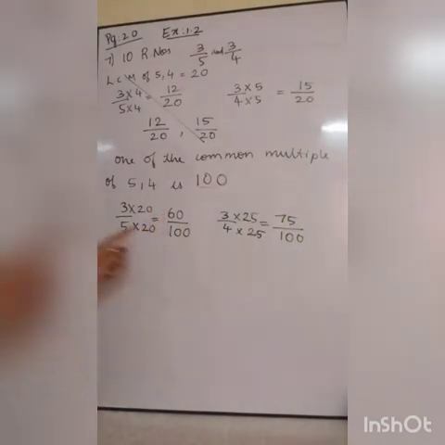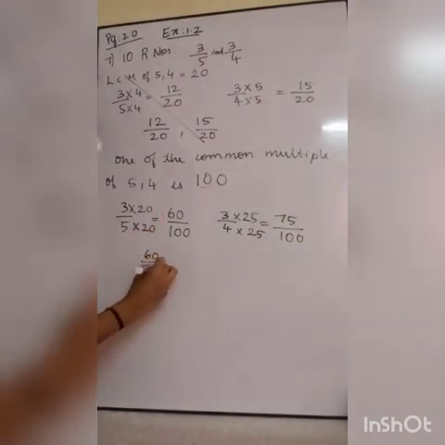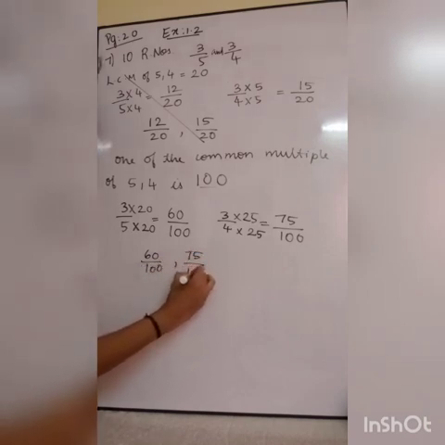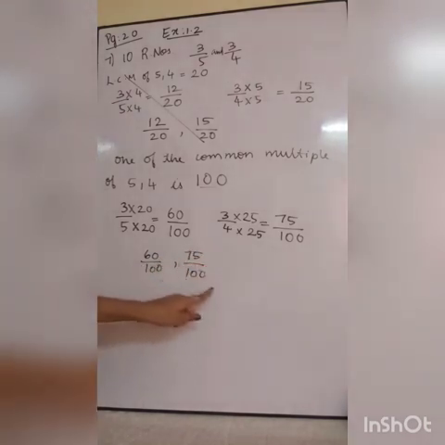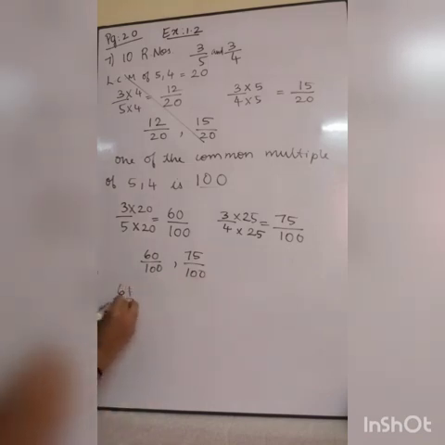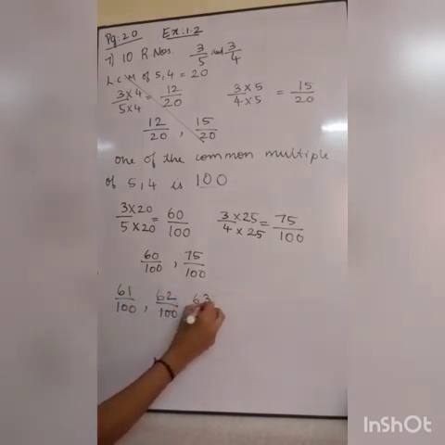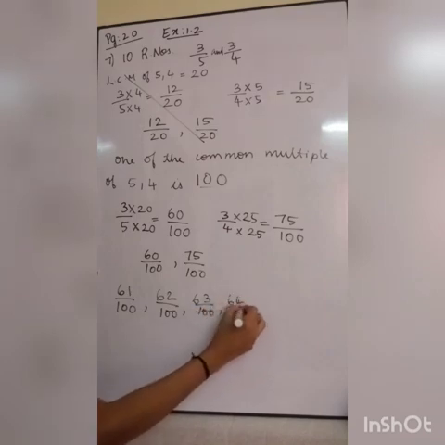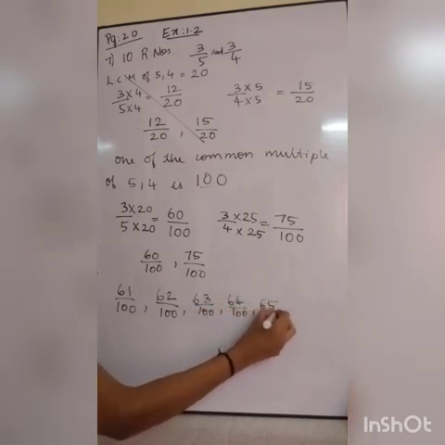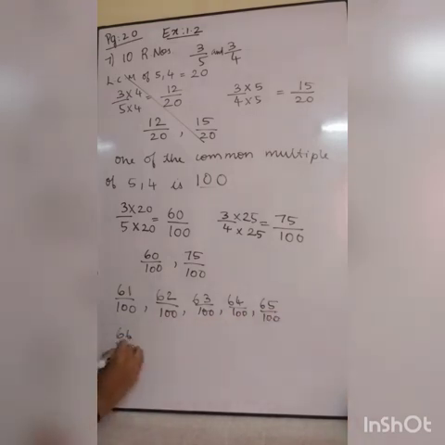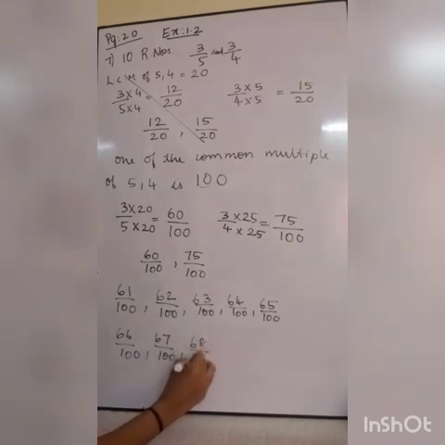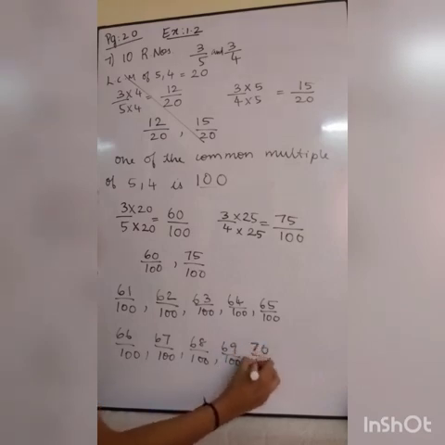Now we are getting 60 by 100 and 75 by 100. Can we find 10 rational numbers between these two? Yes: 61 by 100, 62 by 100, 63 by 100, 64 by 100, 65 by 100, 66 by 100, 67 by 100, 68 by 100, 69 by 100, 70 by 100.